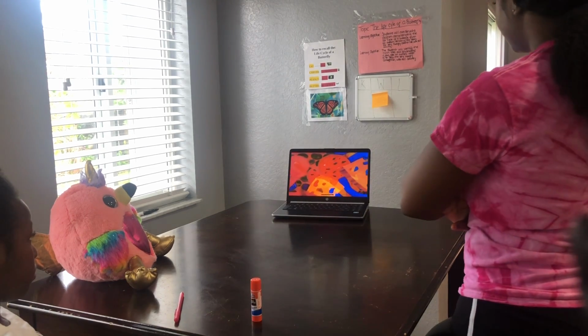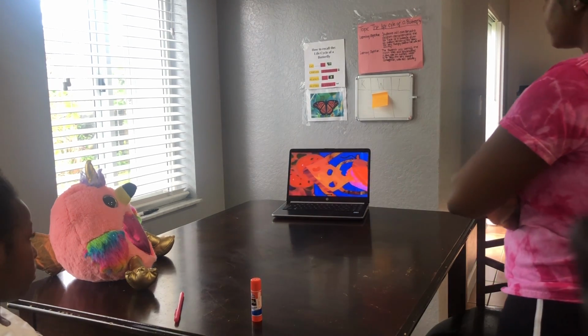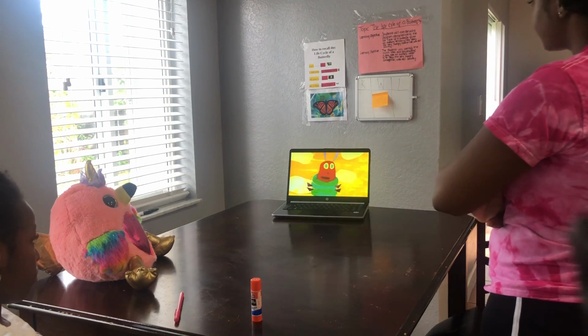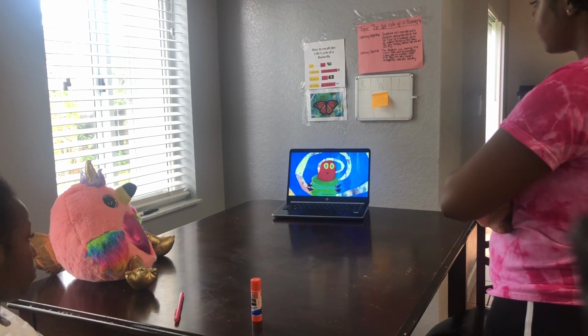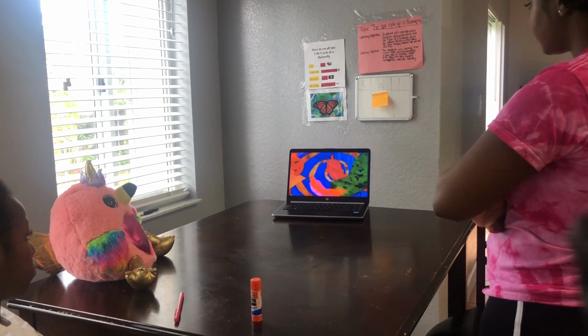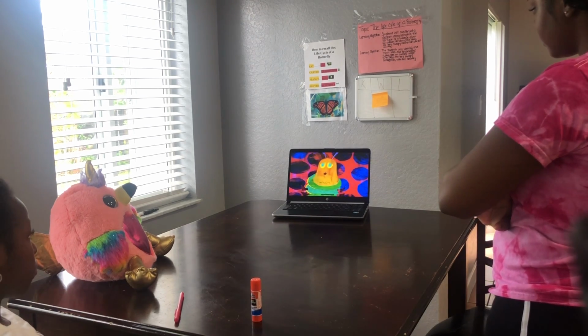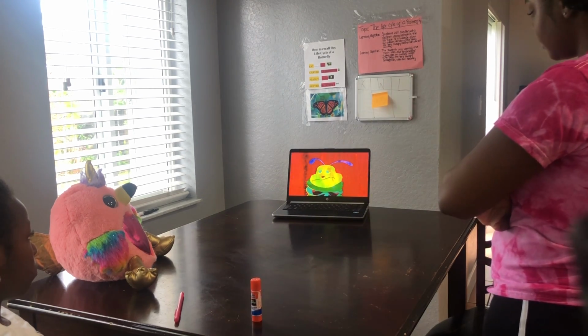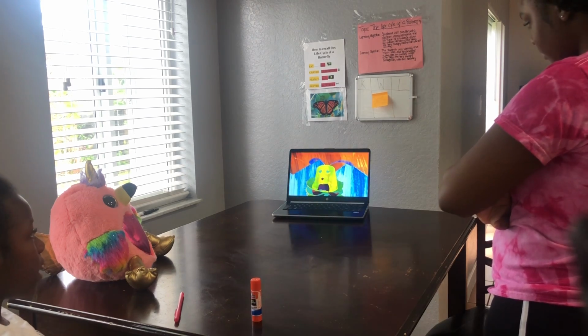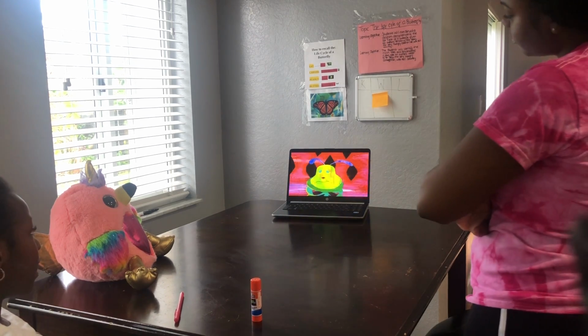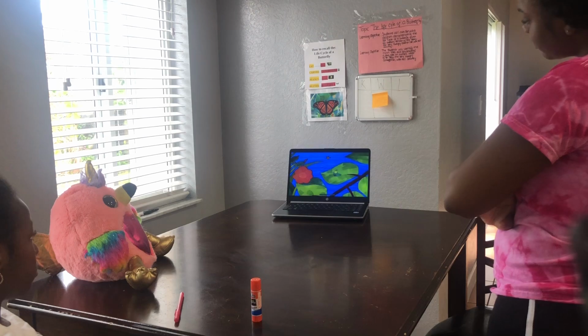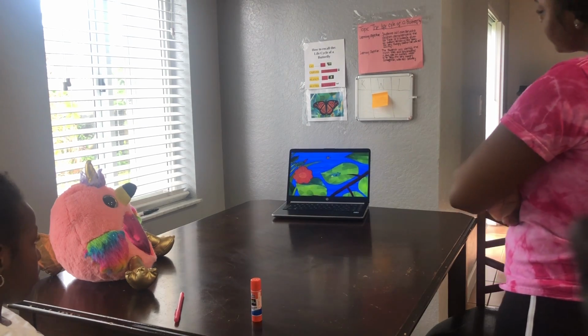1 slice of Swiss cheese, 1 slice of salami, 1 lollipop, 1 piece of cherry pie, 1 sausage, 1 cupcake, and 1 slice of watermelon. That seems yummy. That night he had a stomachache.